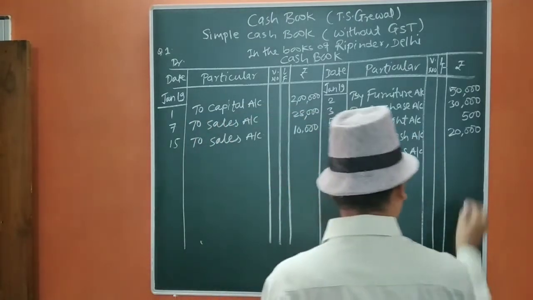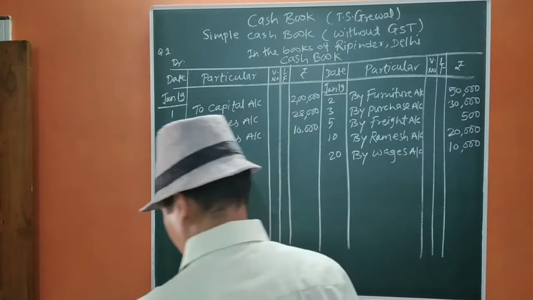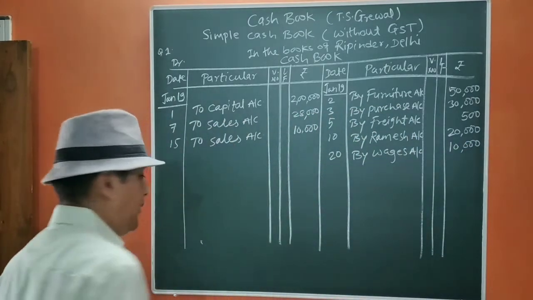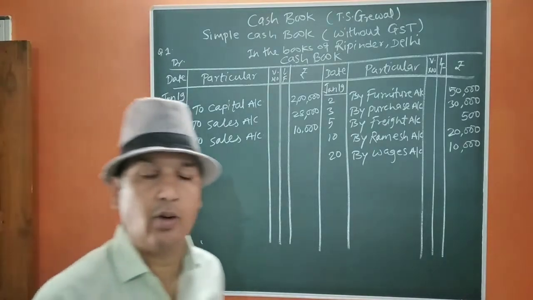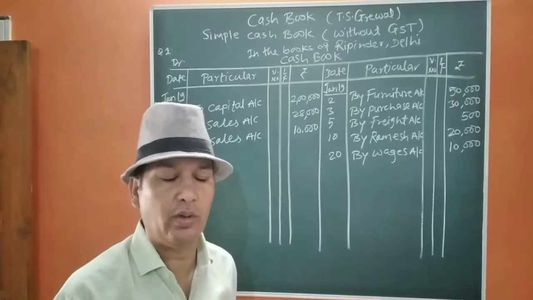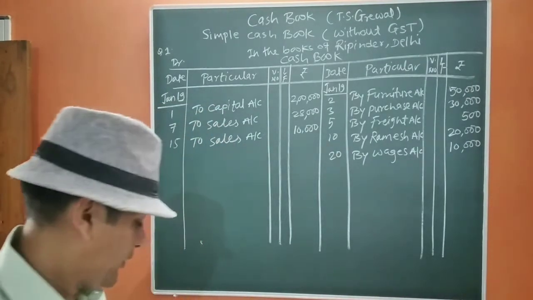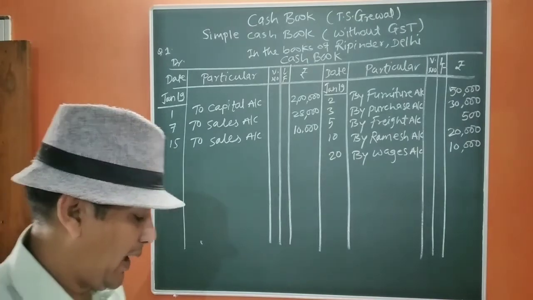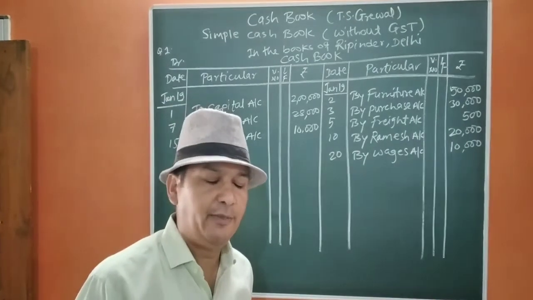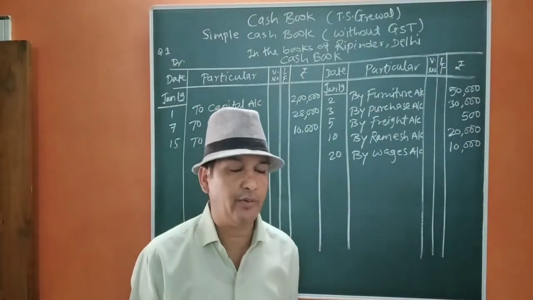Amount is 10,000. Then purchase goods on credit. Credit transactions we are not going to record in the cash book because there is no cash in it. Okay. It is very easy. Now next one is paid rent by check. Rent is paid by the check, that means from bank, not from cash. So this also we are not going to record.